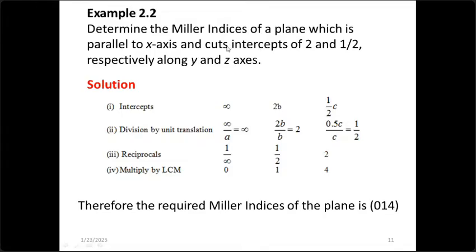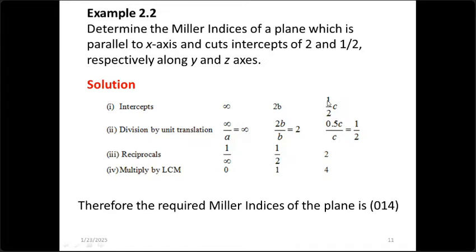So a parallel plane will intersect that particular axis at infinity. That is why when we are listing the intercepts for this particular question, on the x-axis, the intercept is infinity.